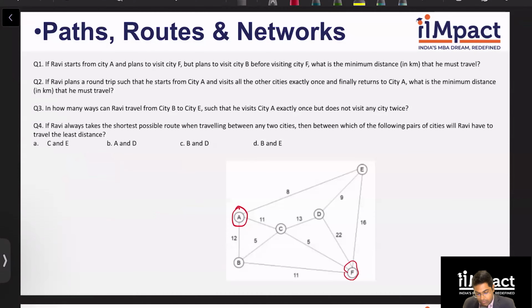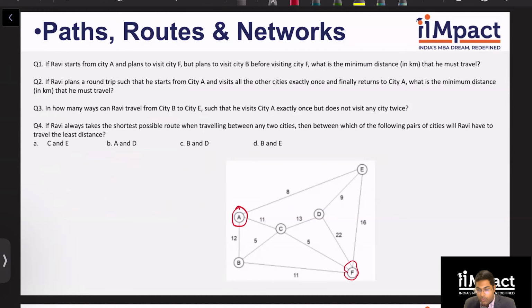Also guys, since we are looking at minimum distance, in more often than not cases, as I increase the number of stops or number of cities, the distance will only increase. So ABF had 0 other cities apart from the source, the mandatory stop and the destination. Whereas if I add another city, we will have one more city.